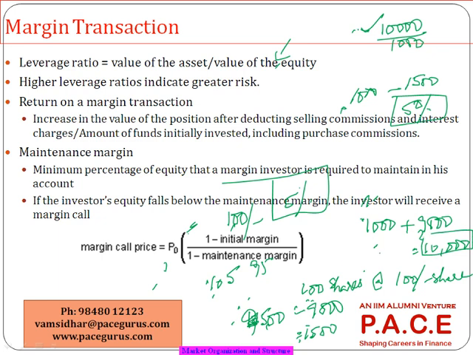But wherever costs are involved, let's say the transaction is 10,000, there could be some brokerage. Probably 0.3% is the brokerage, 0.3% of 10,000, so 30 is the brokerage.